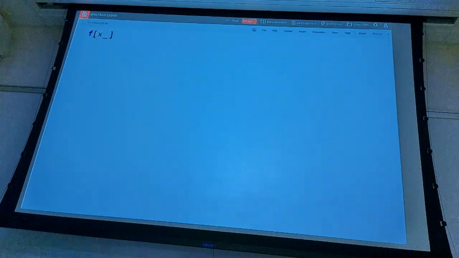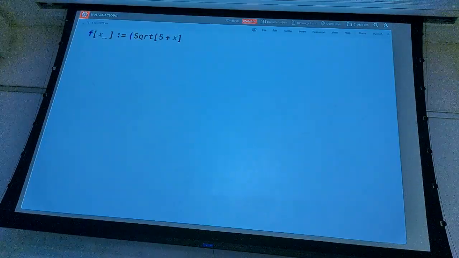First, I'll go ahead and define f of x. That underscore is telling Wolfram that x is the independent variable. Colon equals, now type in the function. Again, use parentheses. 5 plus x. Notice that the s is capitalized in square root.